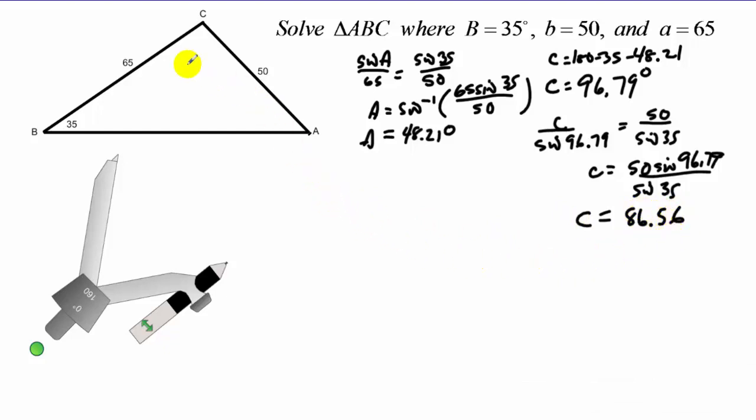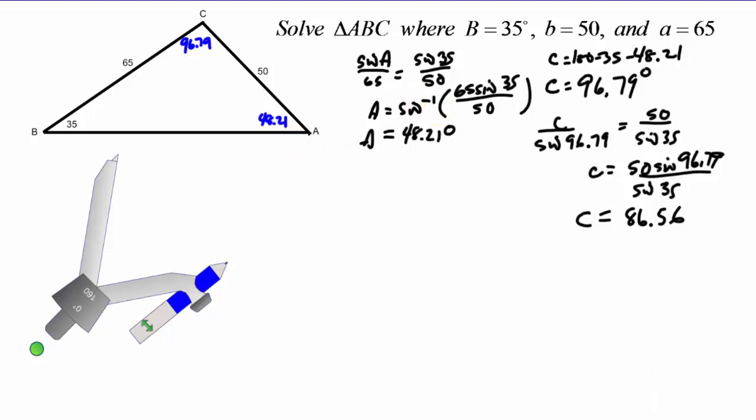So let's go ahead and write some of these in. I know in this case that I have angle A of 48.21, and this is 96.79 roughly.